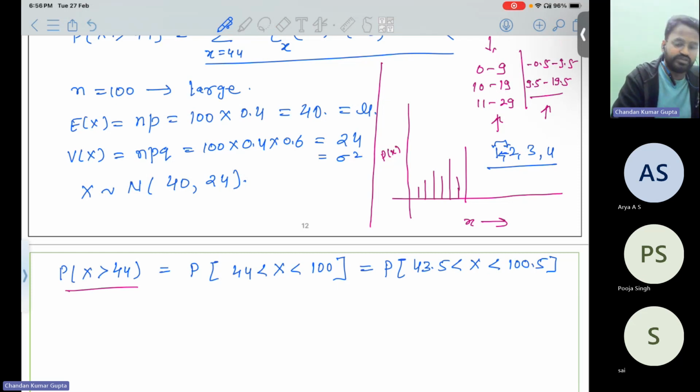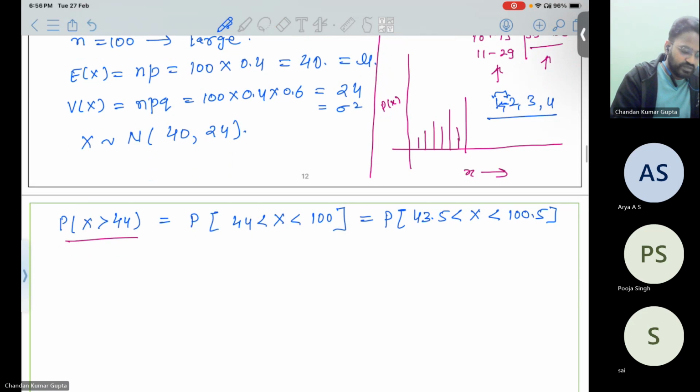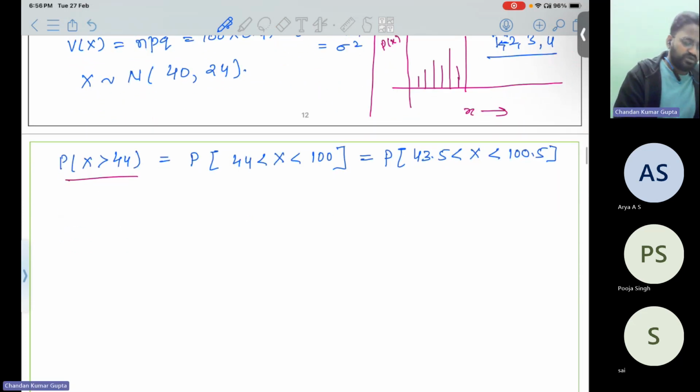This is the continuity correction to change the discrete random variable into a continuous random variable. Okay, so we have all what we want.